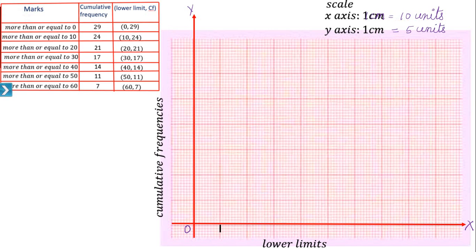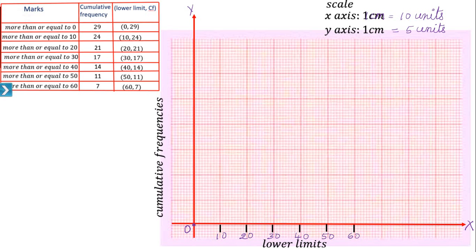So, we can choose 5 units. Now, write here along the x axis 10 units. So, this is 0, origin is 0, next 10, 20, 30, 40, 50, 60, okay, we need only till 60.